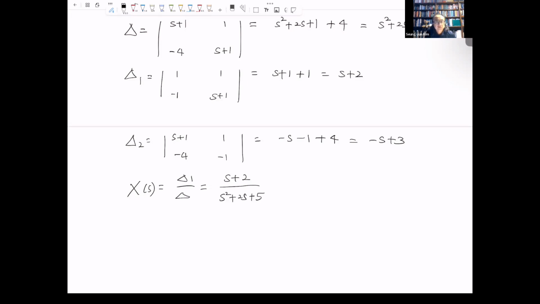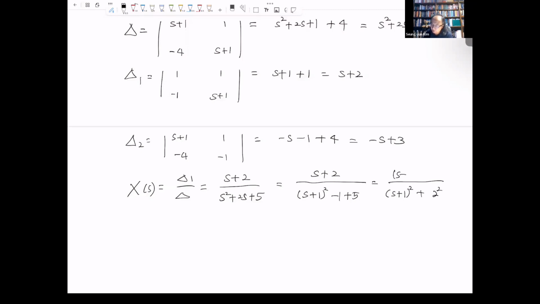You need to look at the denominator. B squared minus 4ac is less than 0. Therefore, we need to complete the square. S plus 1 squared is s squared plus 2s plus 1, minus 1 plus 5, and the numerator s plus 2. S plus 1 squared plus 2 squared.